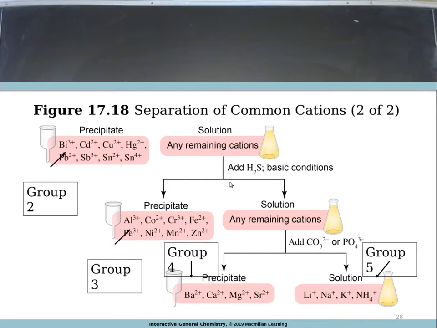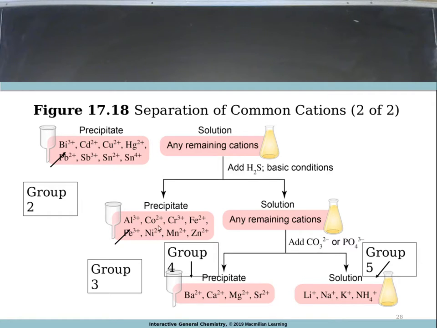This third group are metal cations which will form precipitate under basic conditions. And to be honest, I believe these are forming hydroxide precipitates, not sulfide precipitates.